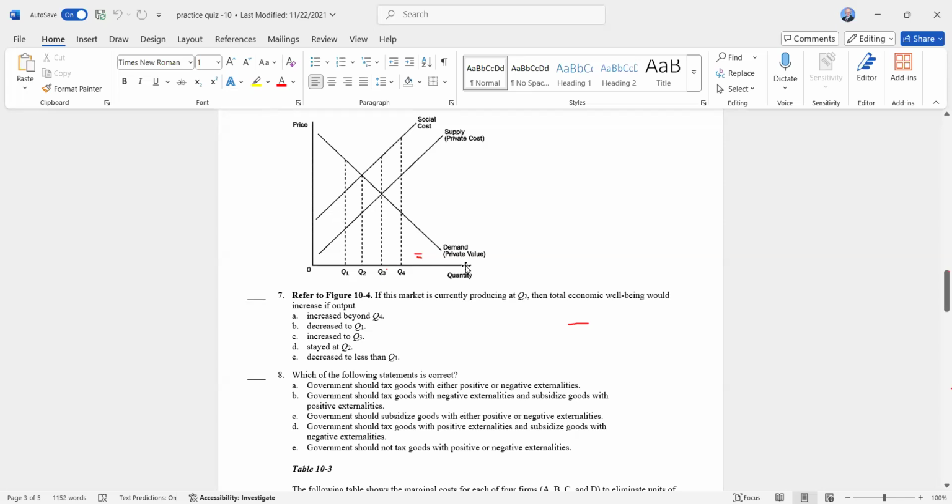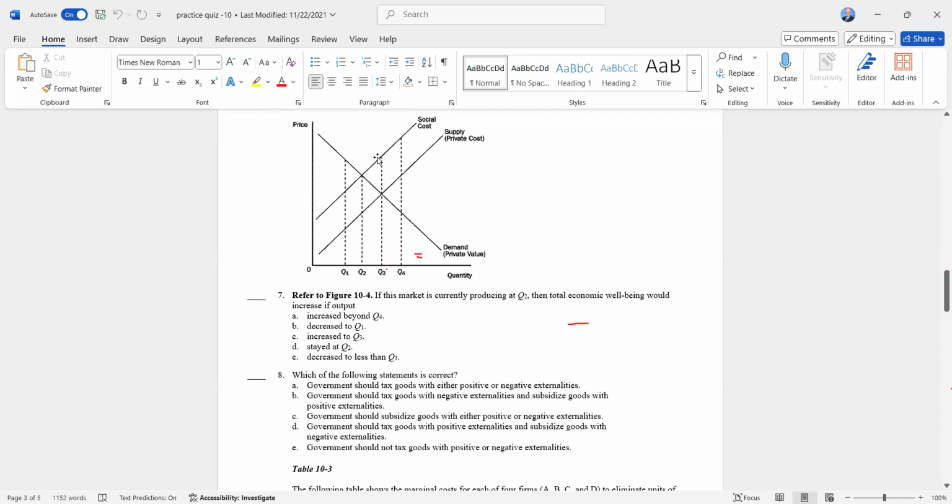MSC and MPV, which would really be MSV, intersect at Q2, and I know that's the optimal. I know that there's an external cost. If I take Q3 straight up from the market equilibrium to the marginal social cost, that's how big my external cost is, and that's the base of my triangle for deadweight loss.